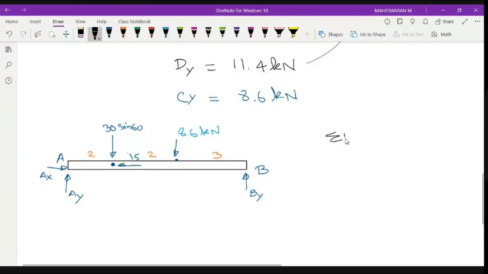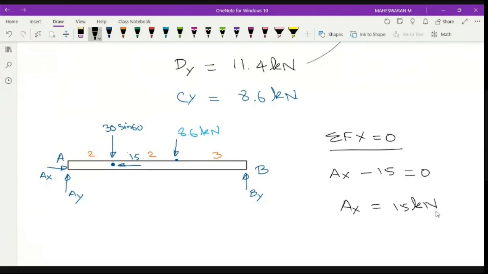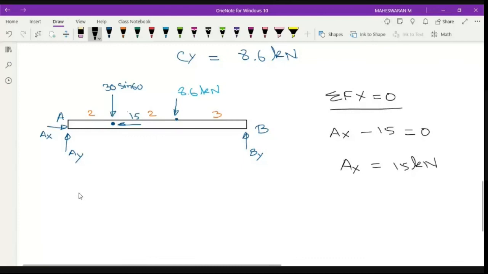So let me say that sigma Fx is equal to 0. And I put sigma Fx equal to 0. What is it? Ax minus 15 is equal to 0, right? So only two forces, which means I can say that Ax is equal to 15 kilonewton, right? That's okay. Next, sigma Fy is equal to 0.